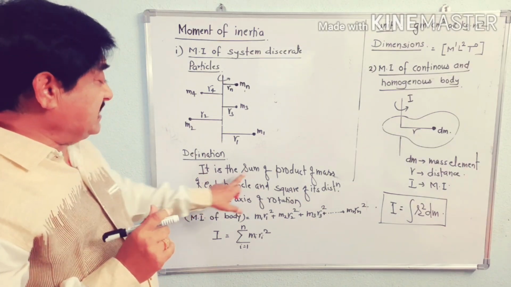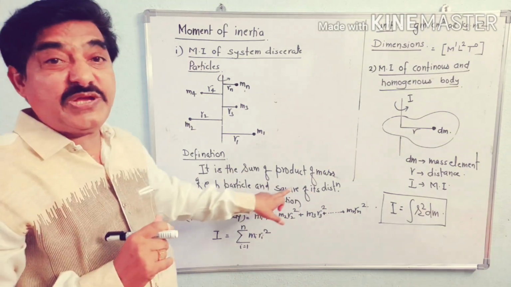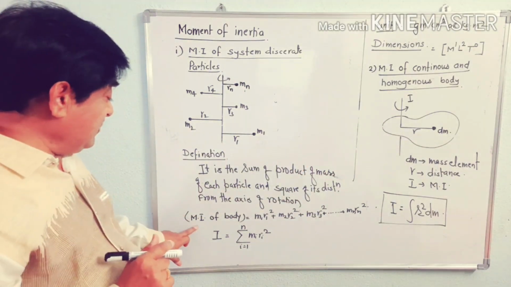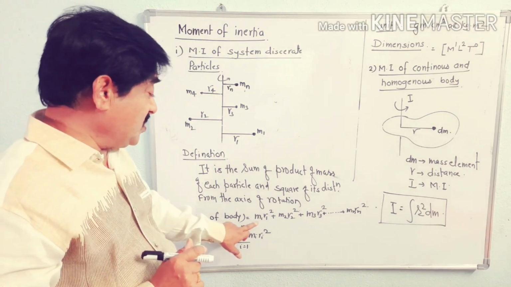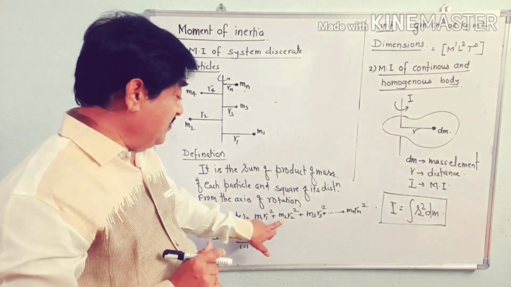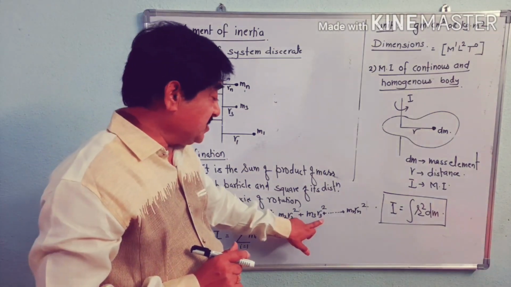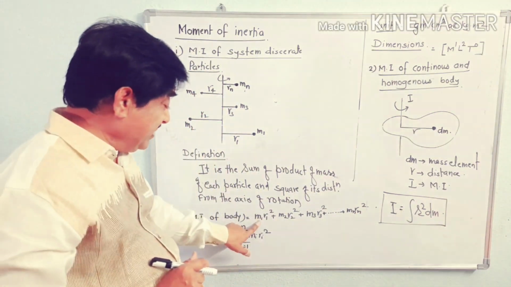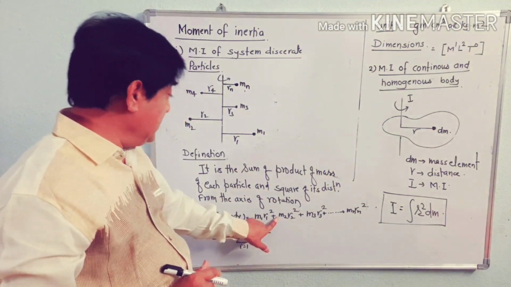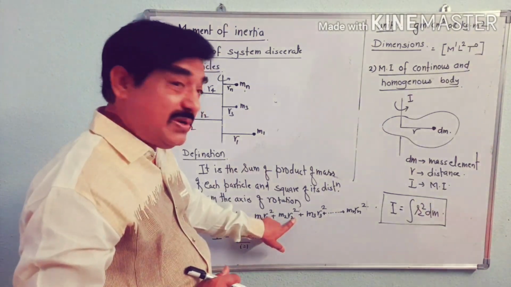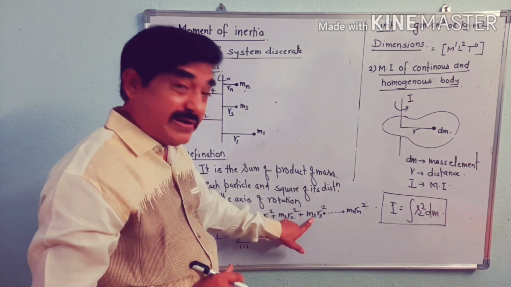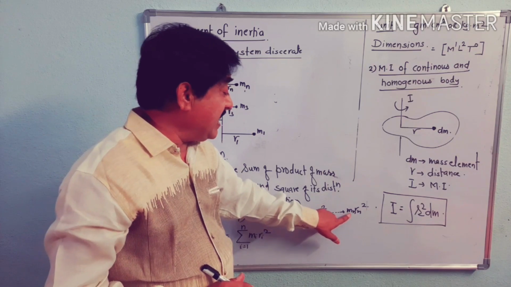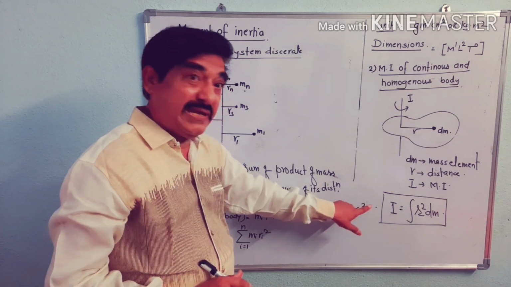So see, it is the sum of product of mass of each particle and square of its distance from the axis of rotation, and this moment of inertia of a body is equal to M1 R1 square, plus M2 R2 square, plus M3 R3 square, and so on up to Mn Rn square. First particle's mass into distance square, plus second particle into distance square, plus third particle into distance square, and similarly fourth particle, fifth particle and nth particle, Mn into Rn square.